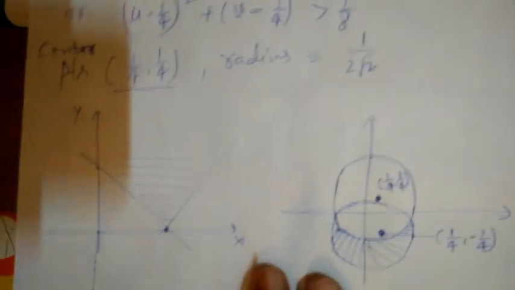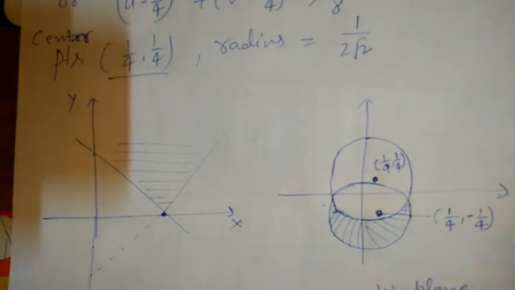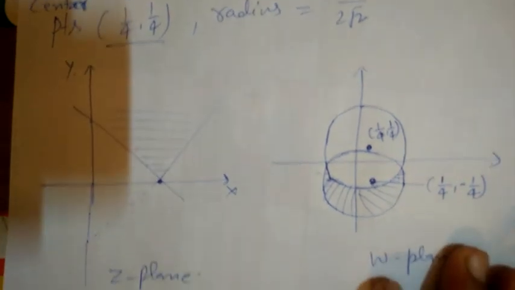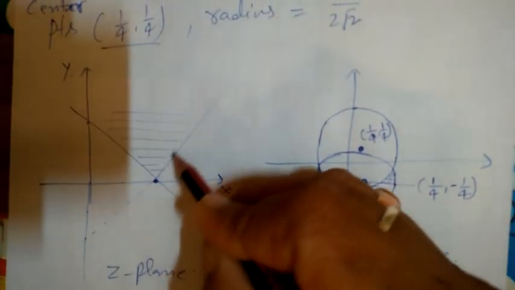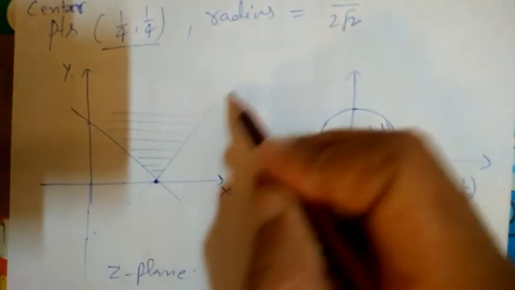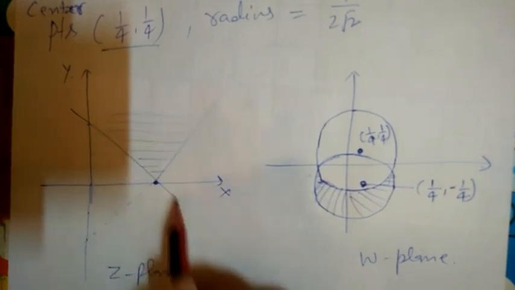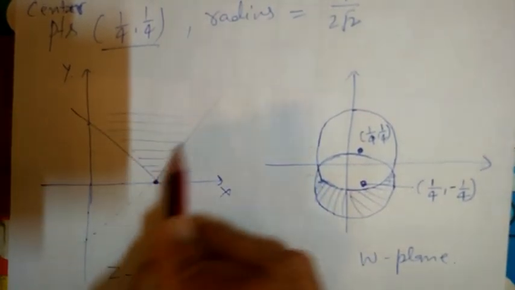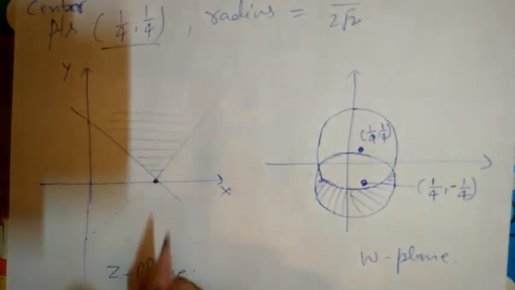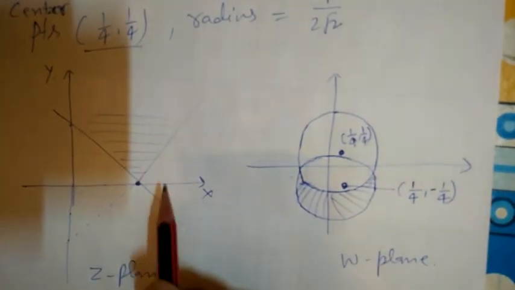Now the graphical representation of the given functions, that is lines: this is the line x minus y is equal to 2, and this is the line x plus y is equal to 2. This is a point on the x axis, so this is a region, and this region transforms into a circle.